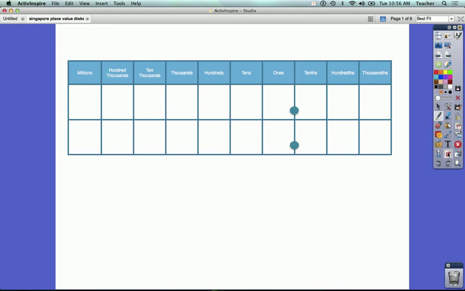Okay, take a look at this. We have the number 54,000 times 10. Yesterday you were taught if you take the number and you place it in the place value chart, you move it over 1, right? Is there an easier way to do this that wouldn't require a place value chart? What do you think?